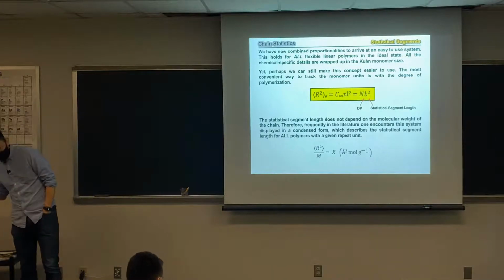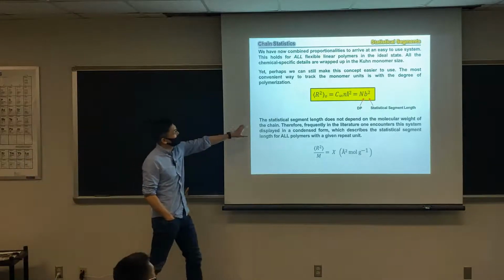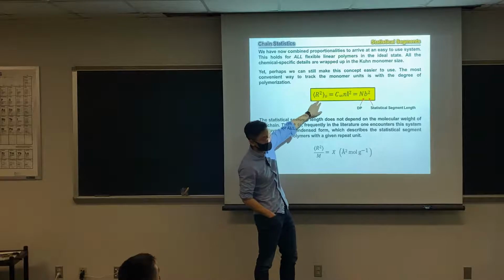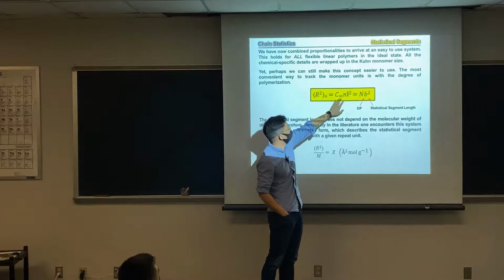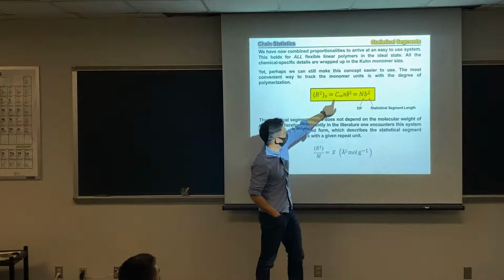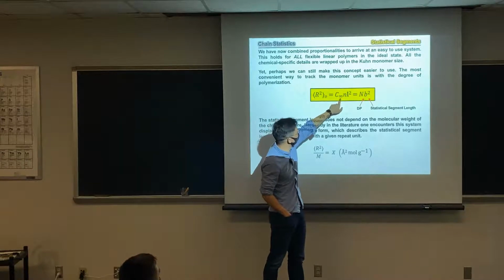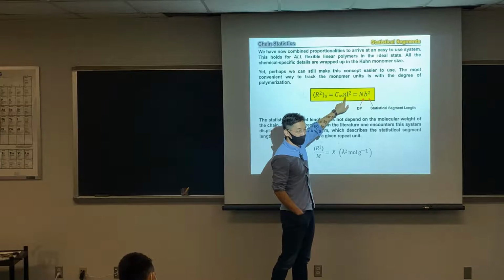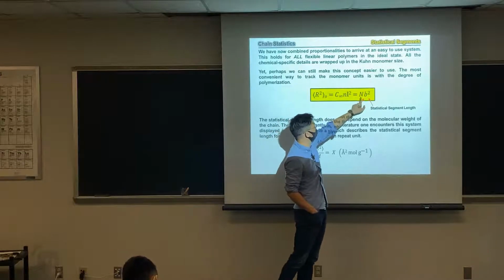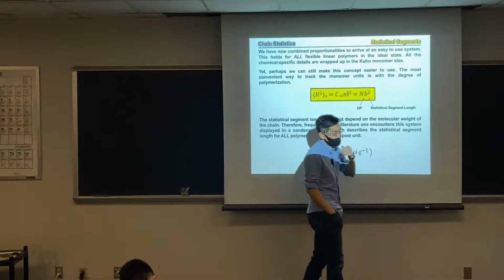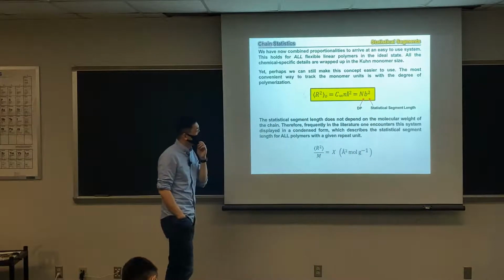So in this particular slide, we show the statistical length is what we have shown in previous slides. It's a conversion of a hindered rotation chain or rotation isomer chain. So that's where C infinity is. The number of bonds and bond length will be equivalent to the degree of polymerization and statistical segment length. Okay?